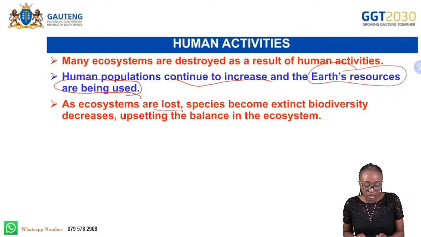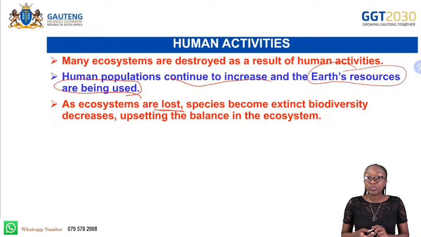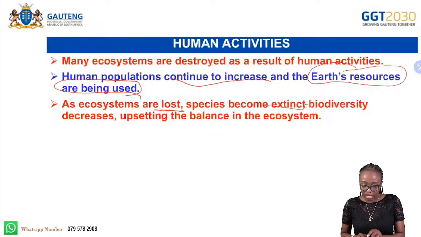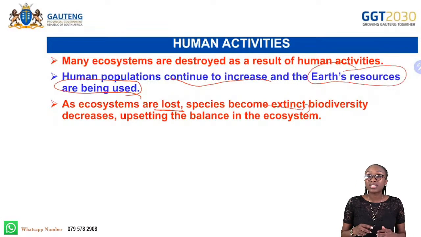So as ecosystems are lost, species become extinct, biodiversity decreases, upsetting the balance in an ecosystem. Remember, when we were learning about the balance in ecosystems, we learned that biodiversity is very important for an ecosystem. It is very important because within an ecosystem there's interaction between the living organisms, and between living organisms and the non-living things you find in the ecosystem.